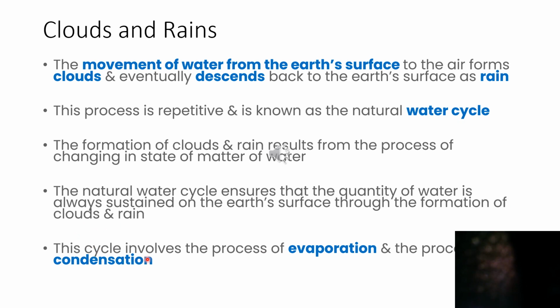These cycles involve the process of evaporation and the process of condensation. Do you still remember the process of evaporation? Evaporation is a process where water changes into water vapor when it is heated, usually by the sun, and the process occurs very slowly at the water surface.